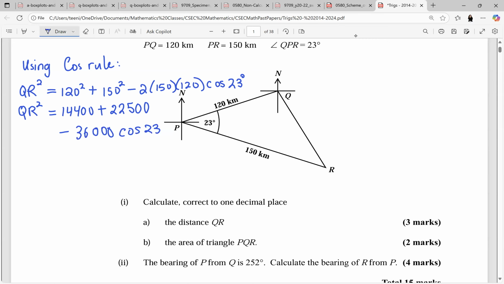Right? So then your next line now, we've got to work that part out. So QR squared is equal to 14,400 plus 22,500. Check what that is.